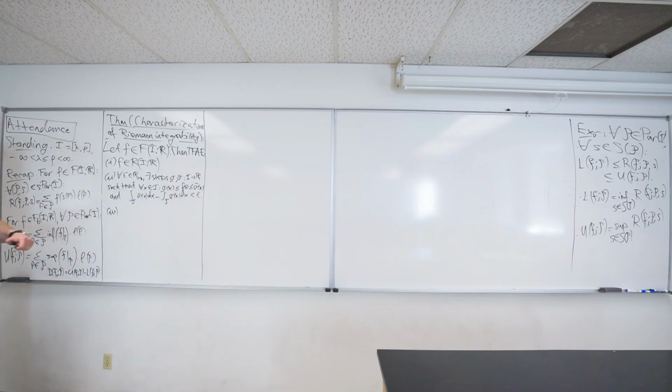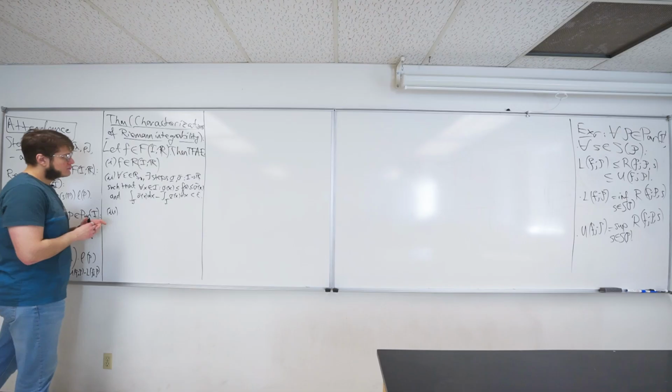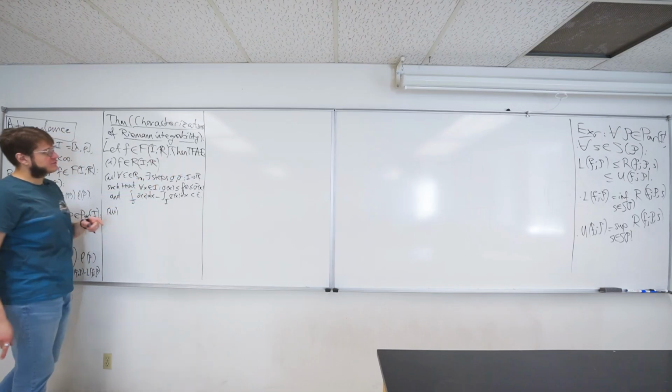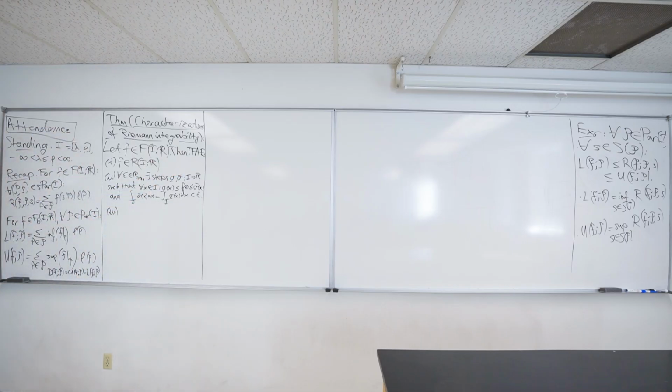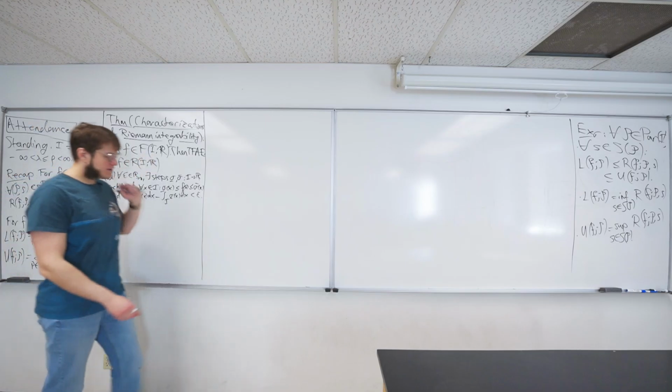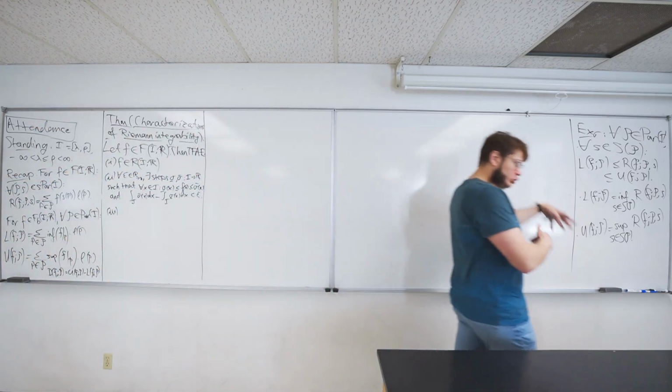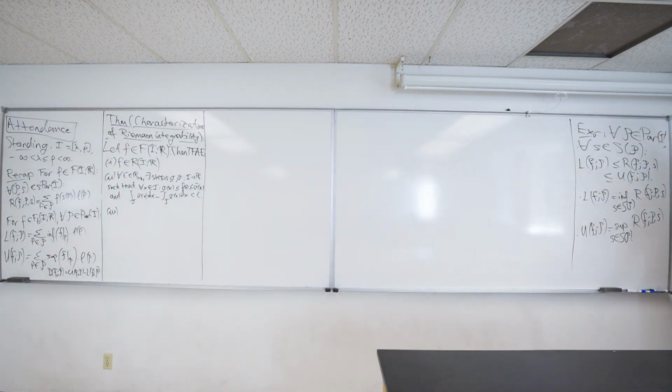They're essentially logical exercises. Okay, so this is the theorem about the characterization of Riemann integrability. If I have a function f, then the following are equivalent. One, f is Riemann integrable, meaning its lower integral and upper integral coincide.